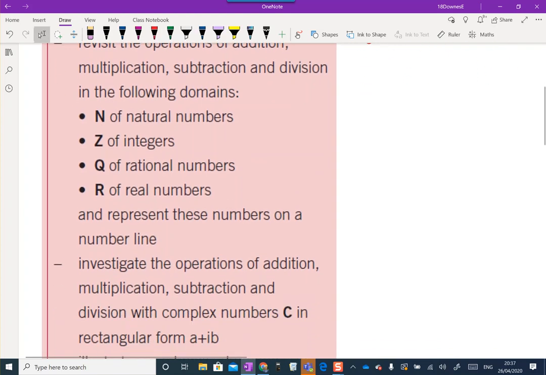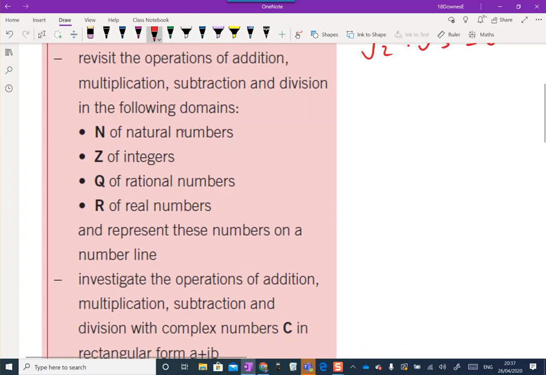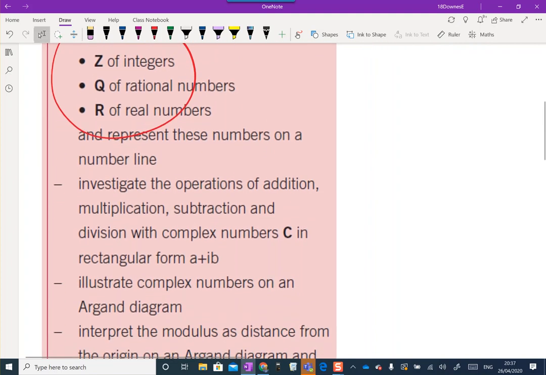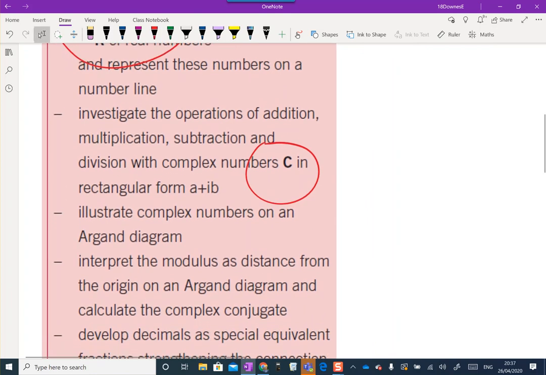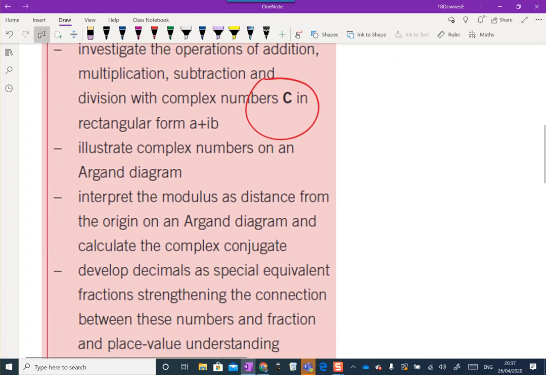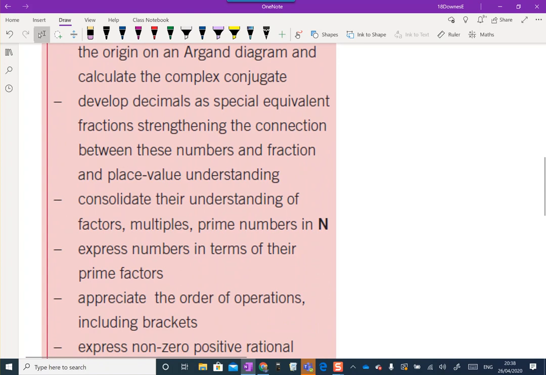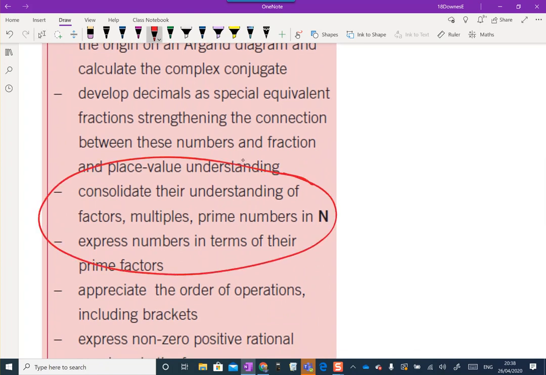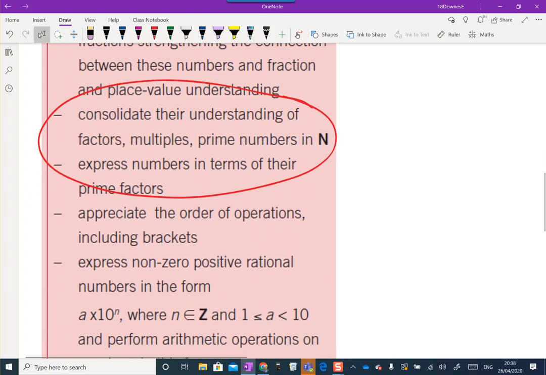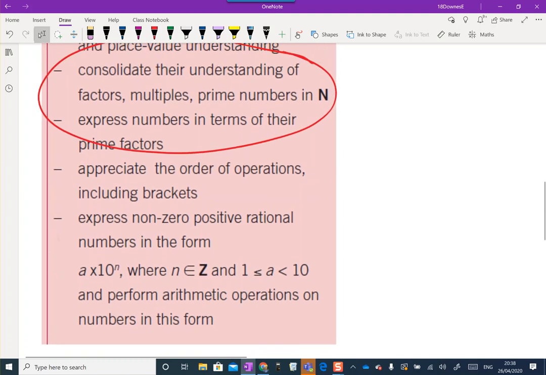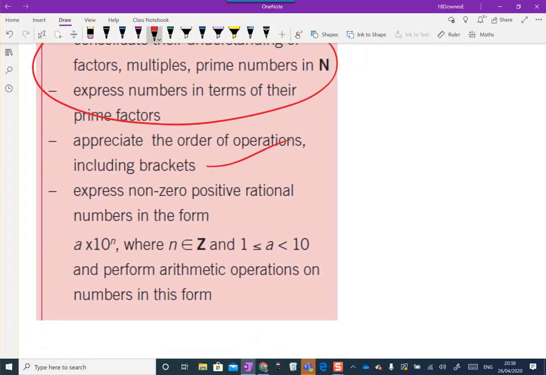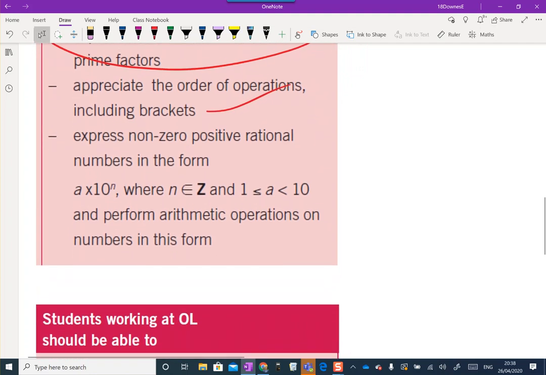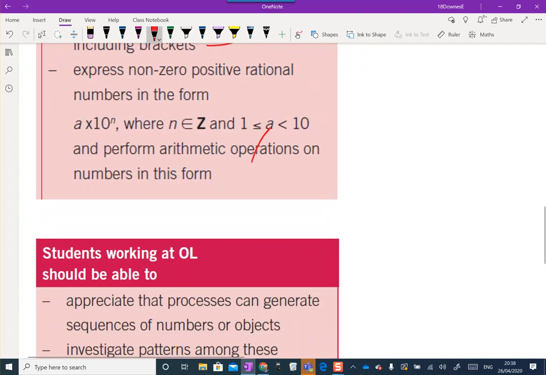Revisit the 4 main operations across the main number sets that you know so far, and then you'll introduce the complex numbers to that, so you'll be able to do similarly for complex numbers. Okay, we're going to be doing this in chapter 1, all about prime numbers and lowest common multiple and so forth. PEMDAS, and then writing numbers in index form.